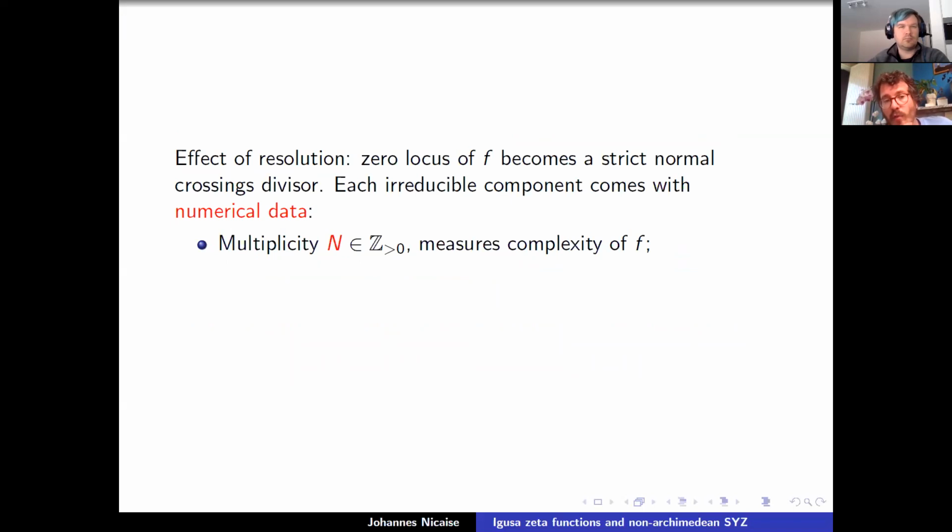Because if we perform resolution of singularities to reduce the zero locus of f to a strict normal crossings divisor, we can attach numerical data to each of the irreducible components in this divisor. So first of all, we can attach a multiplicity to this divisor, and this is just the order of vanishing of f along this component.